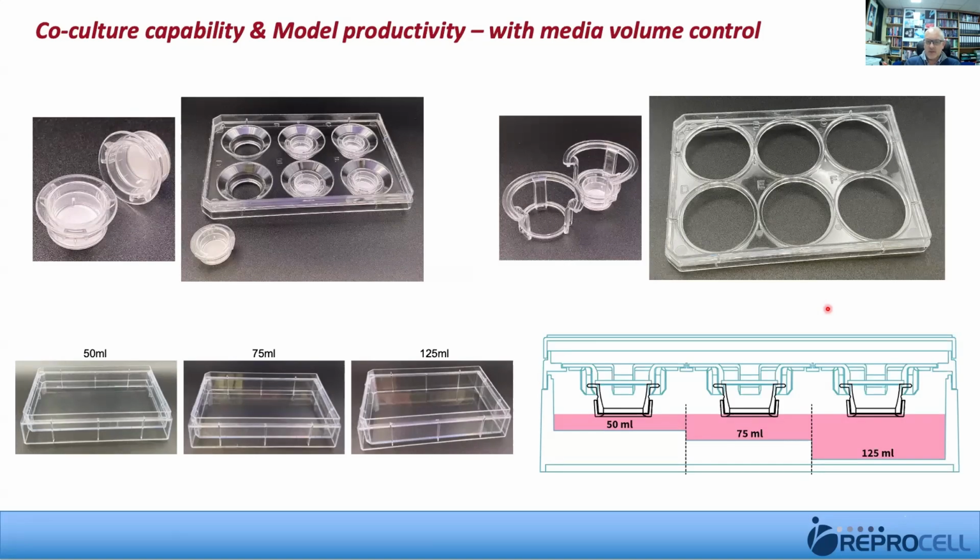You may well think that the volumes of media are high, but remember you have potentially 6 models in, say, 50 mils, which is less than 10 mils per model. And remember, a model is not like a conventional 2D culture.